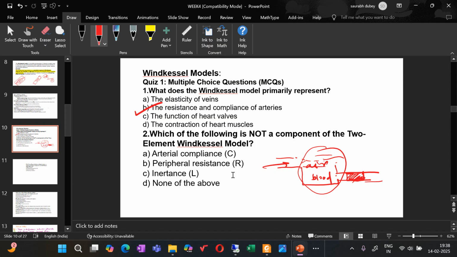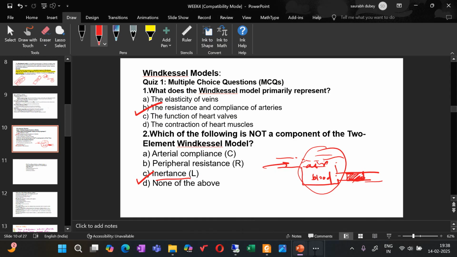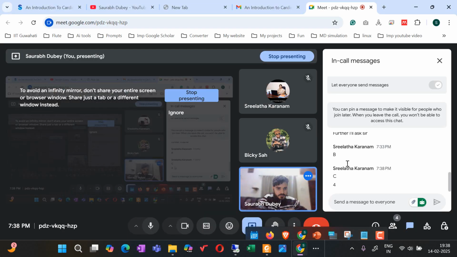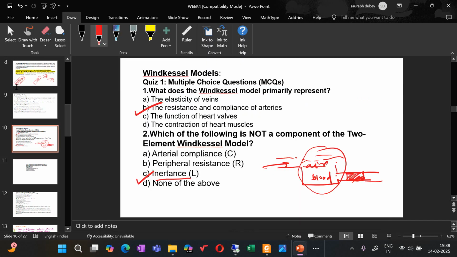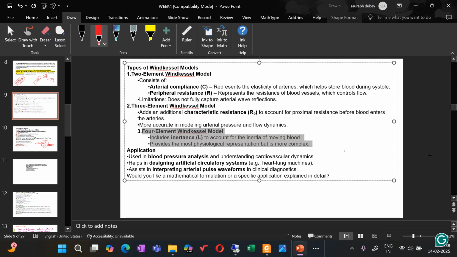So this was in the three or four element model? This was in which model? I just told you a few slides back. In the four element model, right? Let's see. So it was in the four element model, yes. Okay.